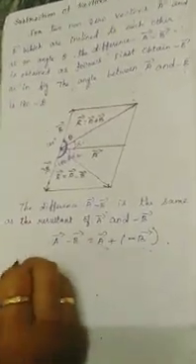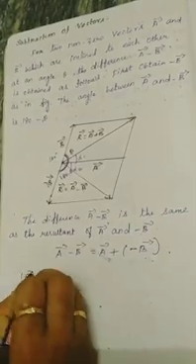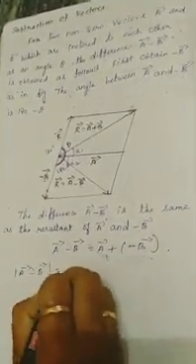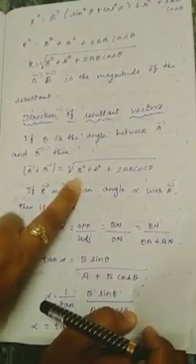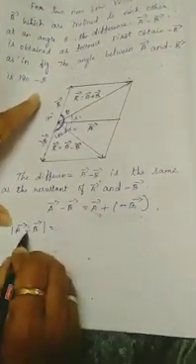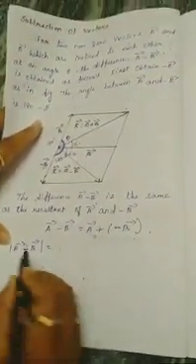Now we take the modulus of A vector minus B vector. We already saw in addition of vectors that the modulus of A vector plus B vector is equal to the square root of A square plus B square plus 2AB cos theta. The same formula we substitute here, but instead of plus we put minus because it is subtraction of vectors.